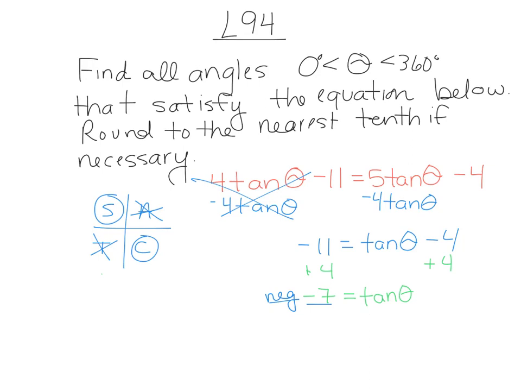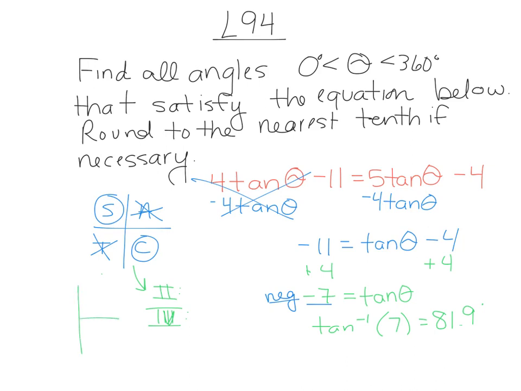So my next step is to do tangent inverse. Remember, we're going to make it a positive 7 just so I can get that reference angle, which will get me one step closer. So tangent inverse of positive 7 is 81.9. So moving that answer into the second and fourth quadrant.